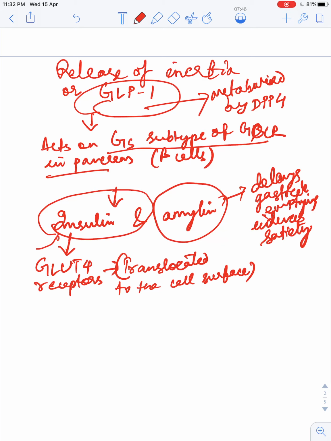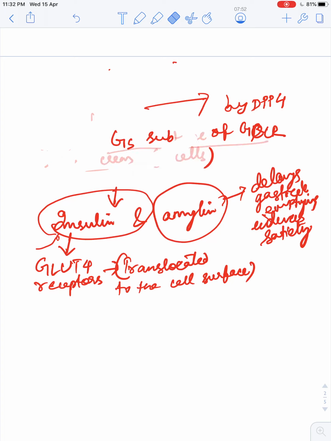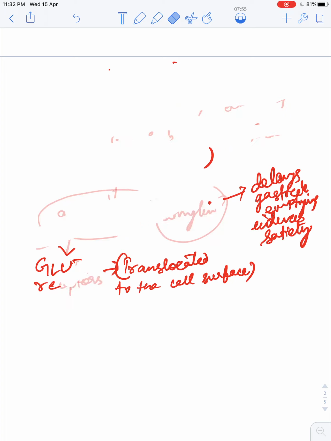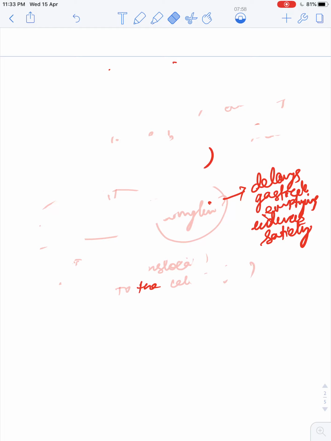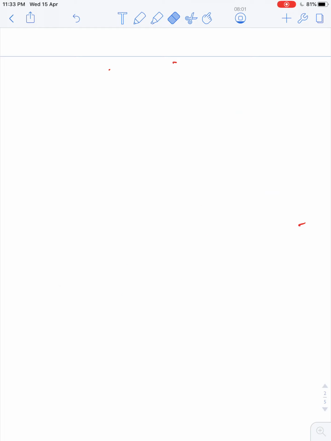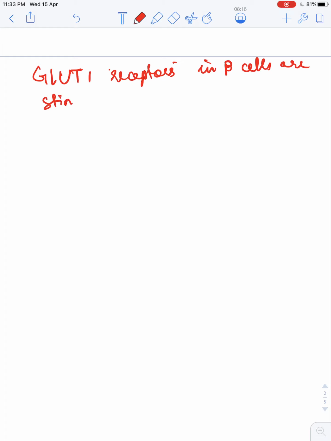By the time the glucose reaches the systemic circulation, once the glucose reaches the systemic circulation, it stimulates the GLUT1 receptors. So GLUT1 receptors in the beta cells are stimulated once the glucose gets into systemic circulation.